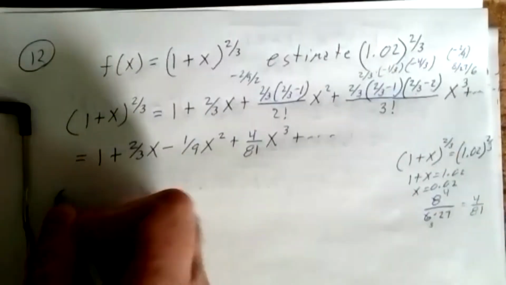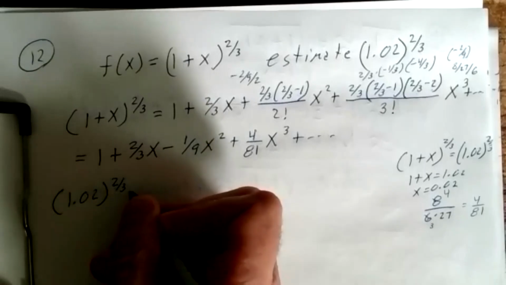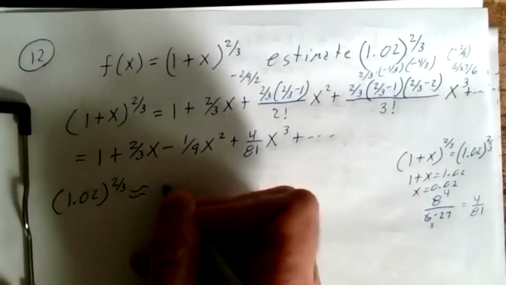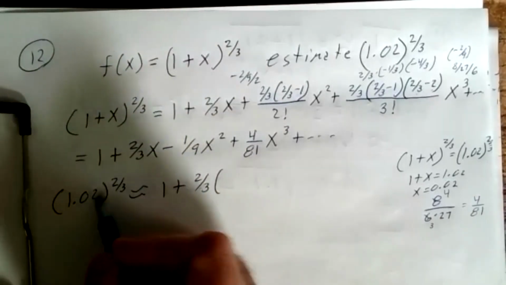So to approximate 1.02 to the 2/3 power, this is going to be approximately equal to 1 plus 2/3 times x, but x is replaced with 0.02.